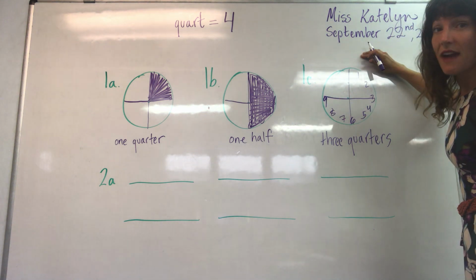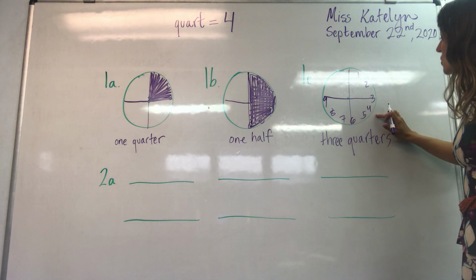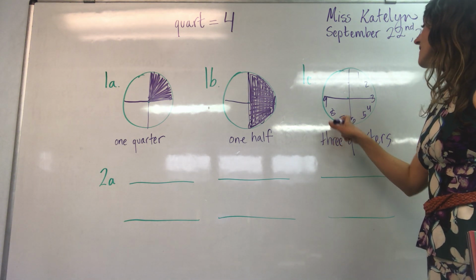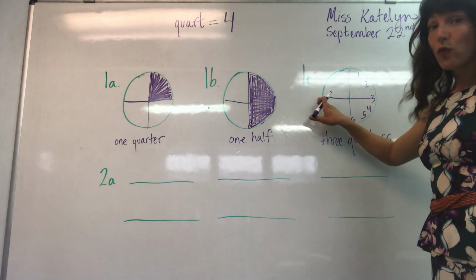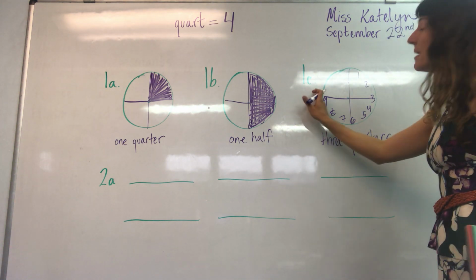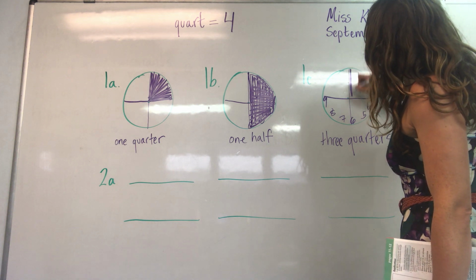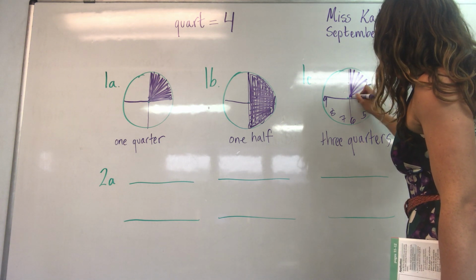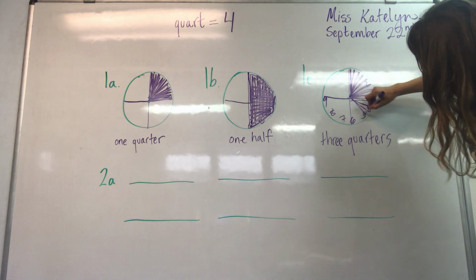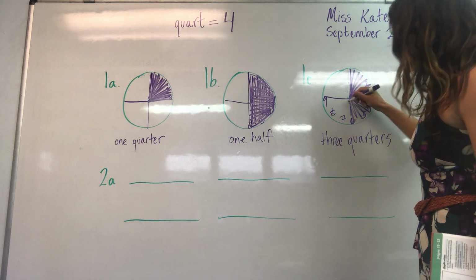And counting by fives, that's 5, 10, 15, 20, 25, 30, 35, 40, 45. So it's those 45 minutes of that hour. So fill in that first quarter, fill in that second quarter, and fill in that third quarter.